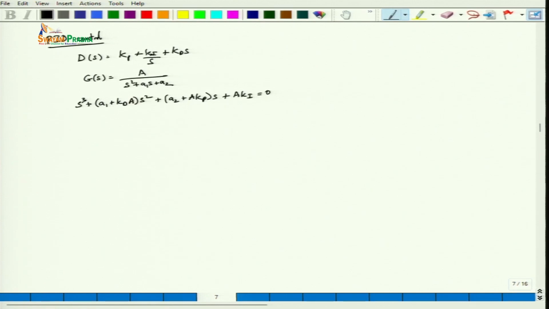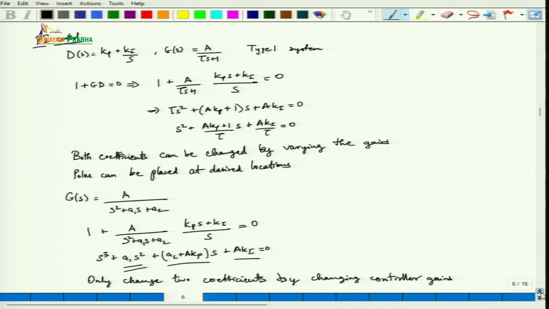Now in this scenario, all the 3 coefficients depend on the controller gains Kp, Ki and Kd. So we can control all of these and place the poles at the locations we want. That is what we discussed through these examples.